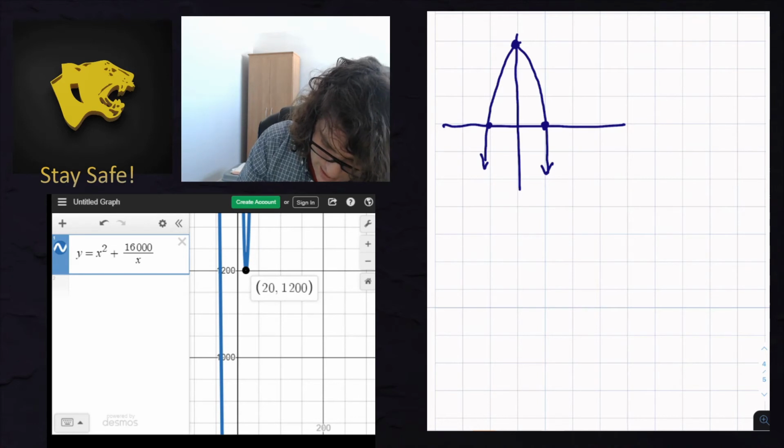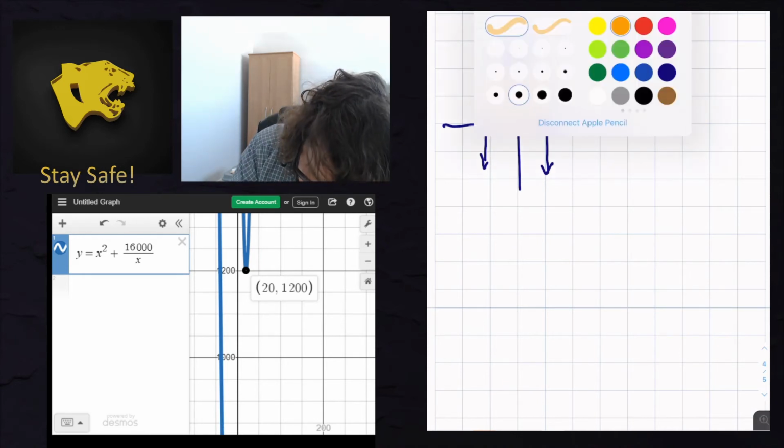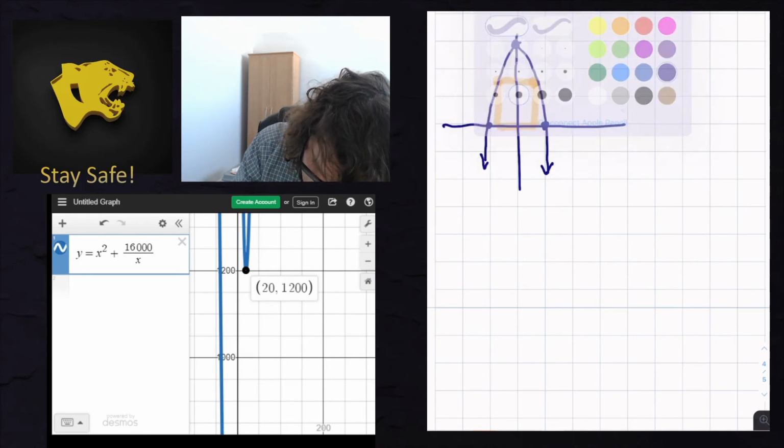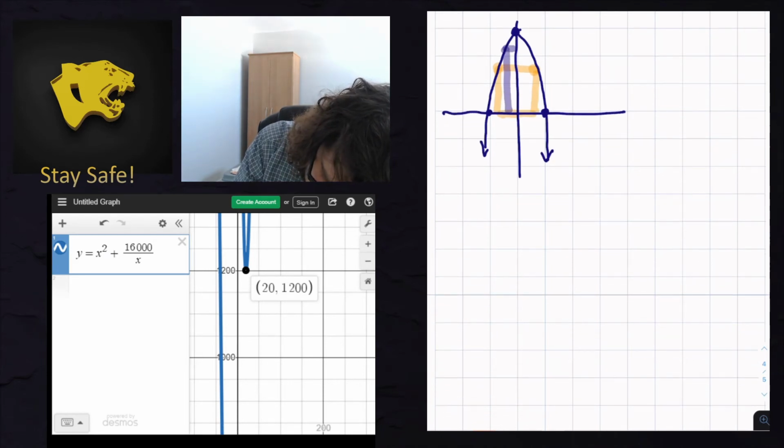So we have something down here, and then its upper corners touch the parabola, kind of like this. Now, I'm going to change my color up, and I'm going to show you that there's more than one example of a rectangle that would fit under there.